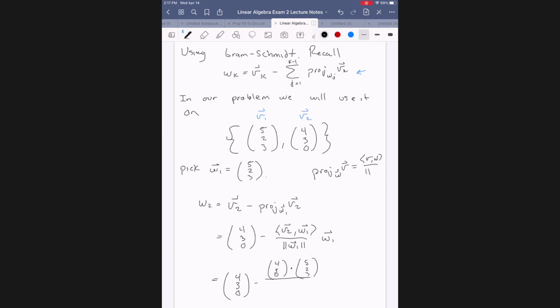And then you take the magnitude of this, right? So W1 would be 5 squared plus 4 plus 9, so 29, so 38, I believe.